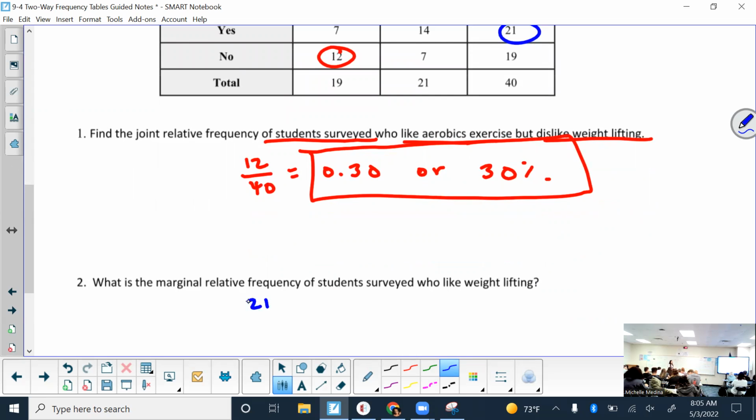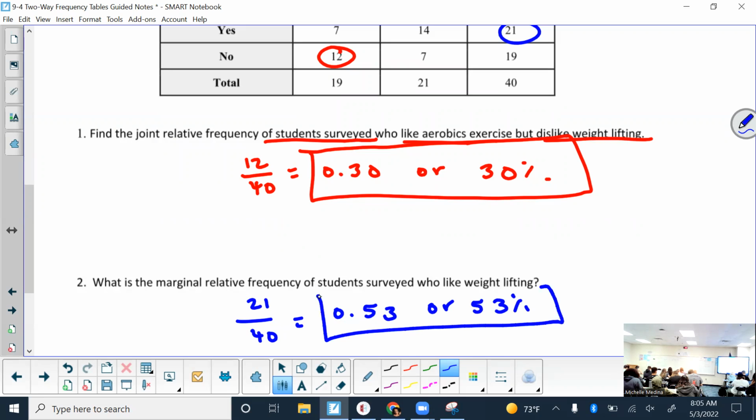So that's 21 divided by what? What decimal is that? 0.53, anyone disagree? I don't have it in front of me, so I don't know. And then 0.53 times 100%. 53%. Questions, comments, concerns?